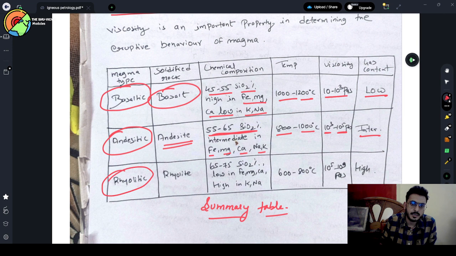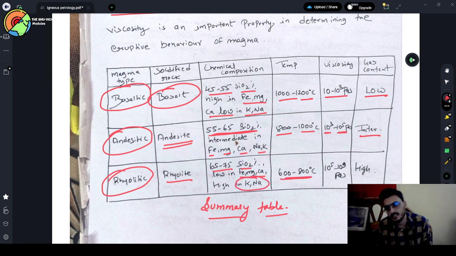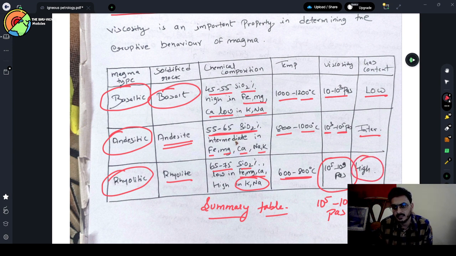If you see the rhyolitic magma, it will solidify to rhyolite, and SiO2 percentage is around 65 to 75%. It has low Fe, Mg, Ca and high K, Na, and temperature is around 600 to 800 degrees Celsius, and viscosity is quite high here, around 10 to the power 5 to 10 to the power 9 pascal, and it has a high amount of dissolved gases like H2O, CO2.